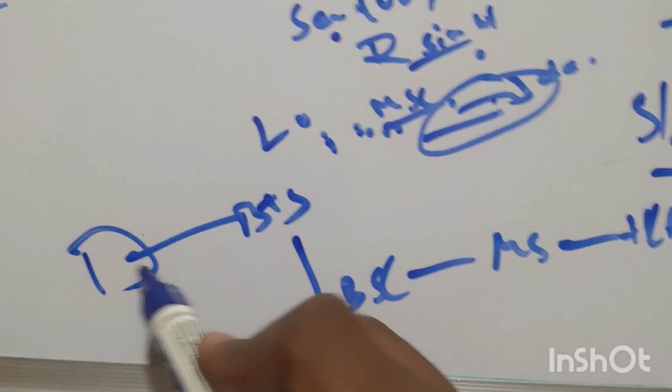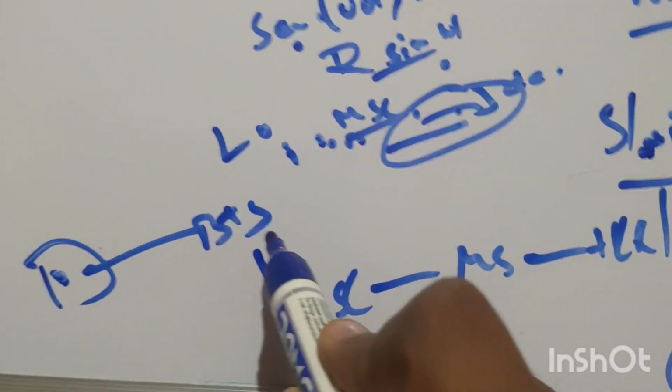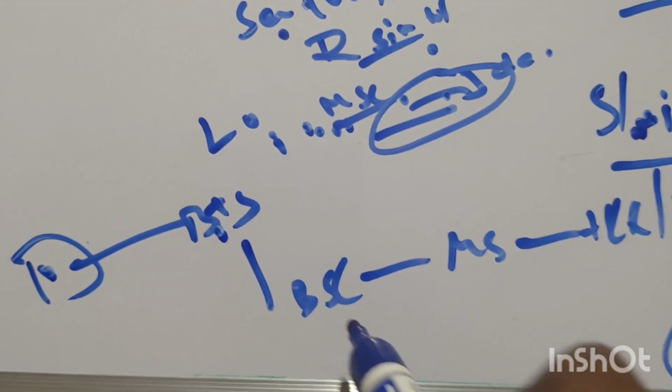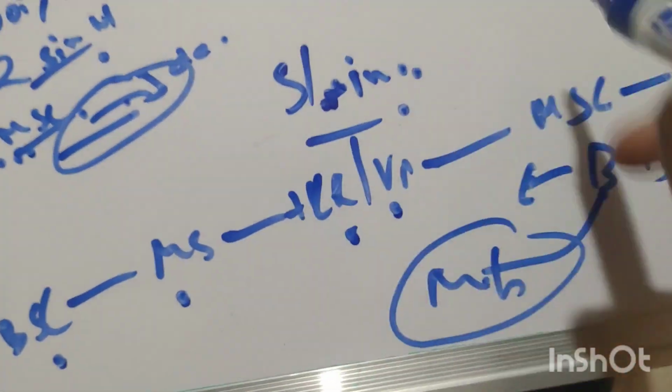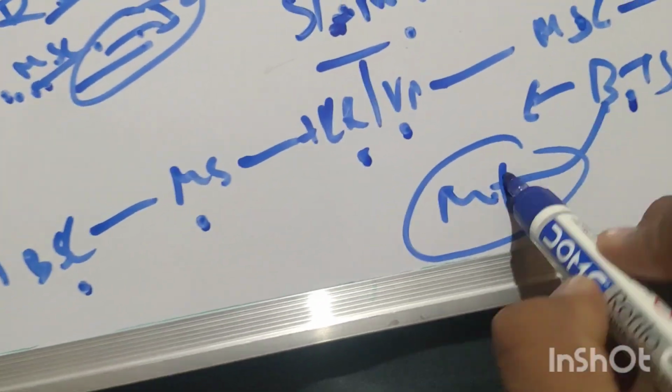The cycle is: your mobile phone, your BTS, your BSC, MSC, HLR and VLR, and their MSC, their BSC, their mobile.